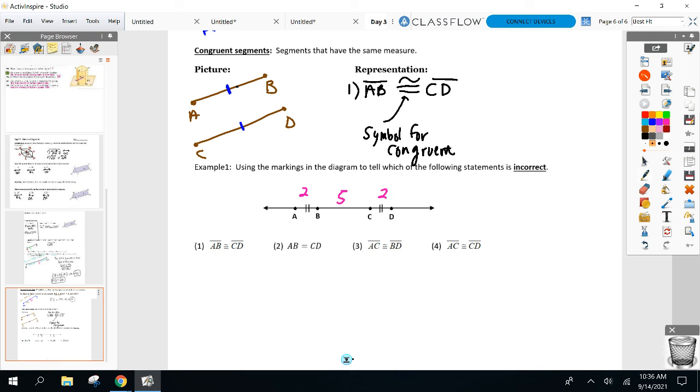Sure. All right, ready? How long's AC now? 7. How long's BD? 7. Why? Because I'm adding the same thing, BC, to 2 congruent parts. So the result should be equal. What's the incorrect one? AC is not the same length as CD. Okay, that is incorrect.